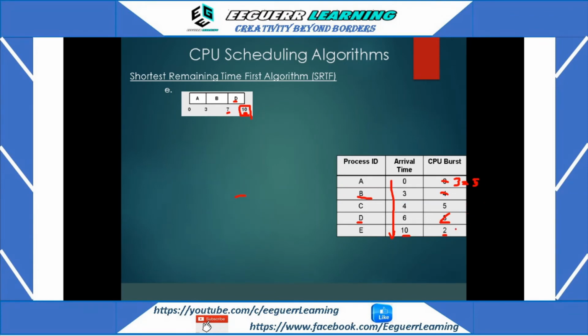Following the shortest remaining time first, comparing these 3 processes, 5, 5, and 2, the CPU can identify that process E has the shortest remaining time, and the CPU will schedule and add it here in our Gantt chart. So there will be letter E here. Okay, so let us check.